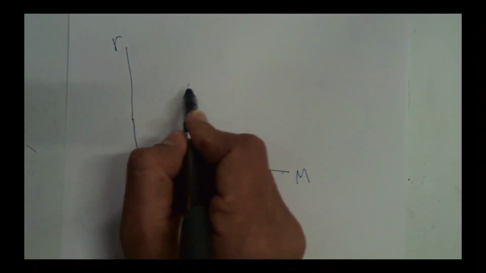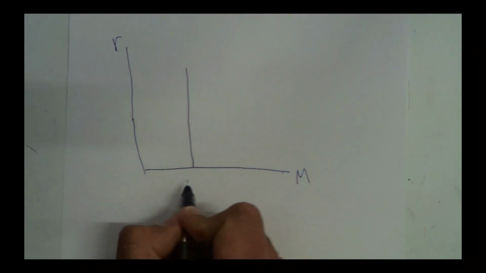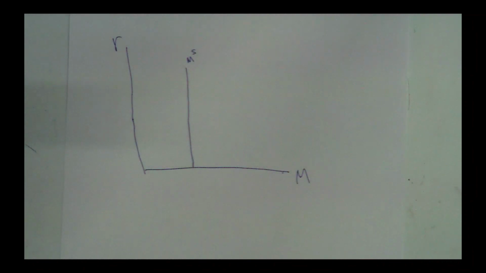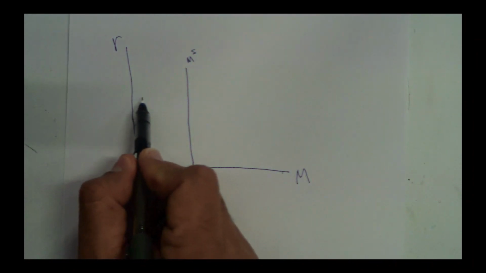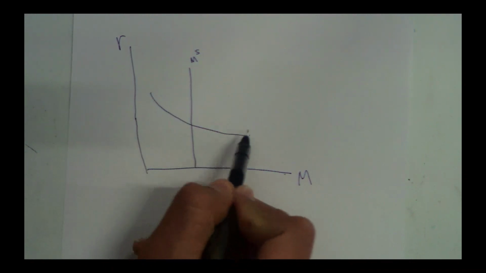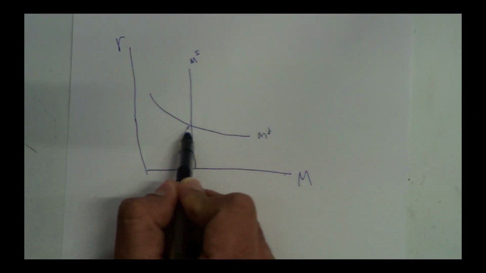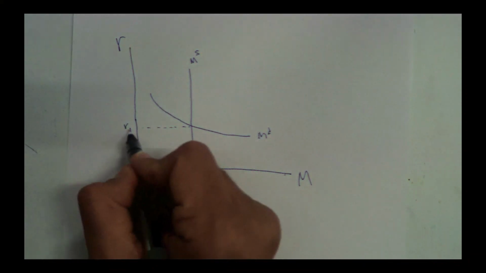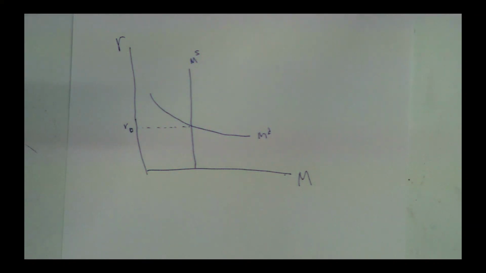We treated money supply as given. So this is money supply. And the initial equilibrium point happens when the money demand meets the money supply, and let's call this R0 because we move from 0 to 1. So this is the initial equilibrium point. In this question, there was an expansionary policy which shifts this money supply curve to the right.